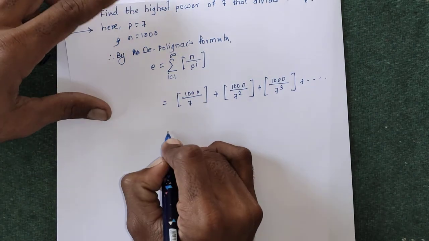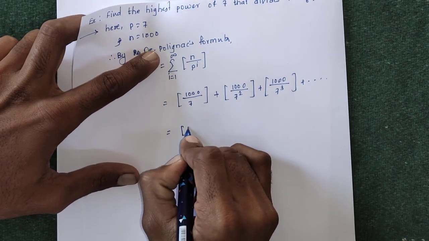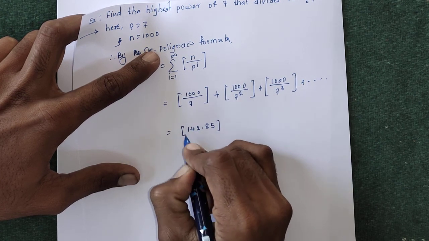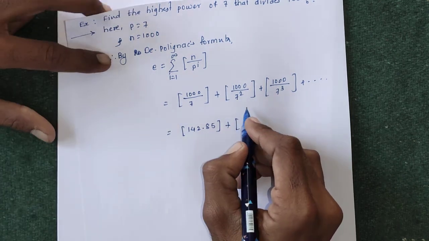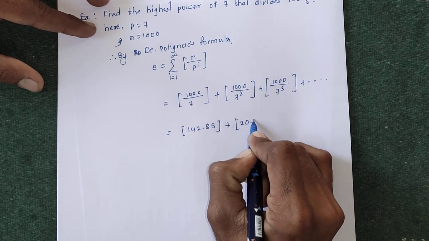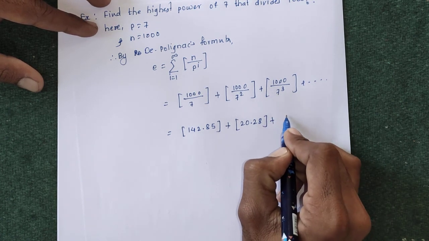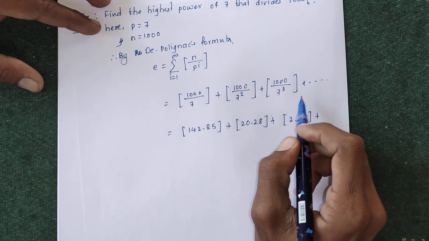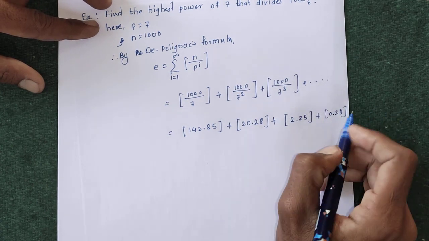So now we will find this greatest integer function of 1000 upon 7. By using calculator, 1000 by 7 is 142.85, and the greatest integer function of this number, plus 7 square is 49, so 1000 by 49 is 20.28 something, plus 1000 upon 7 cube is 2.85, plus 1000 upon 7 raised to 4 will give us 0.28, and the greatest integer function furthermore becomes 0.